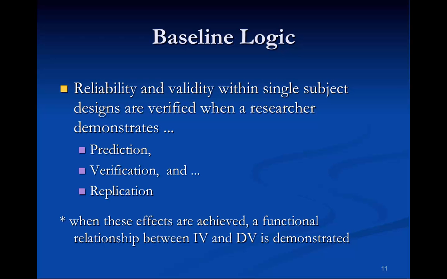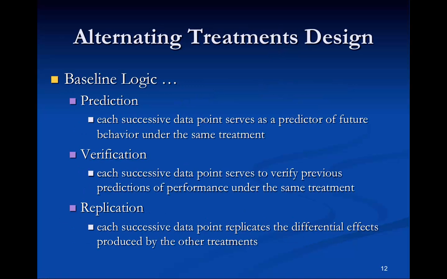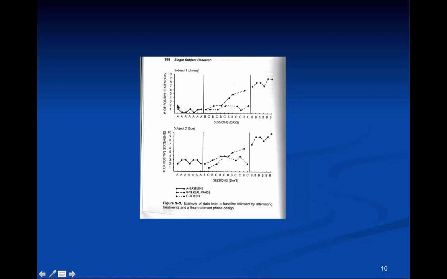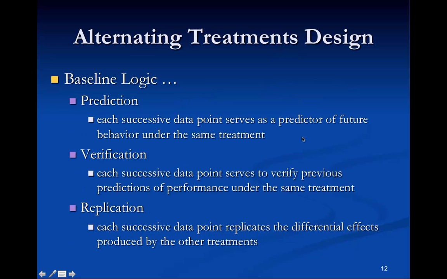Verification is that if one starts to emerge, you're verifying that it actually is different, which was the case with both Jimmy and Sue. And replication, in this case, is really every additional point that you add. The more points that you add, and we added a lot more here, this is all your replication. Here we're starting to verify. Here the prediction is everything's going to be the same. We're verifying this one is better. Now we're replicating it with all these subsequent points. Pretty straightforward, I think.